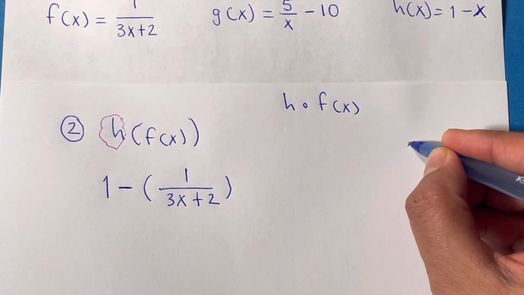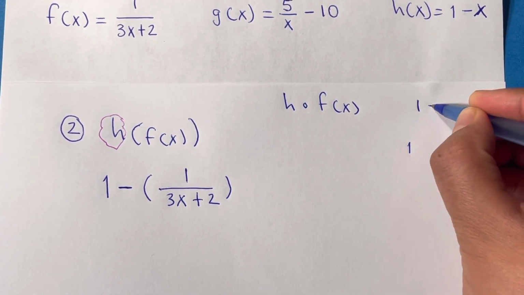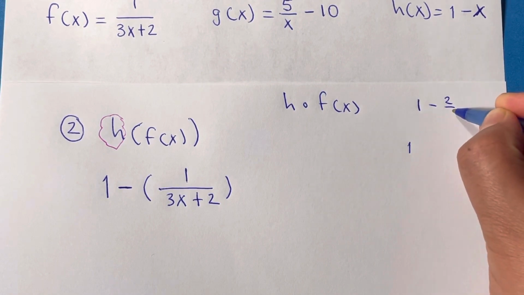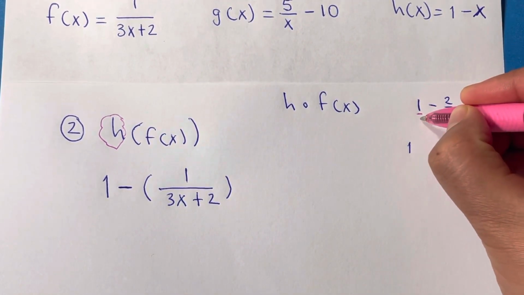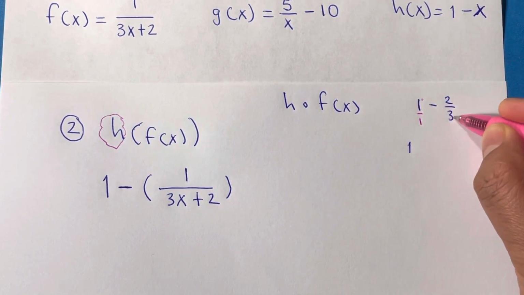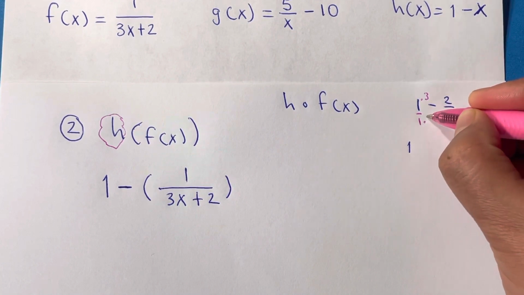If you remember, whenever we have a 1 and we wanted to make it into thirds, let's say, if you had something like 1 minus 2 thirds, what we tended to do is put this over 1, and we would multiply by that denominator, both the numerator and denominator of this one.